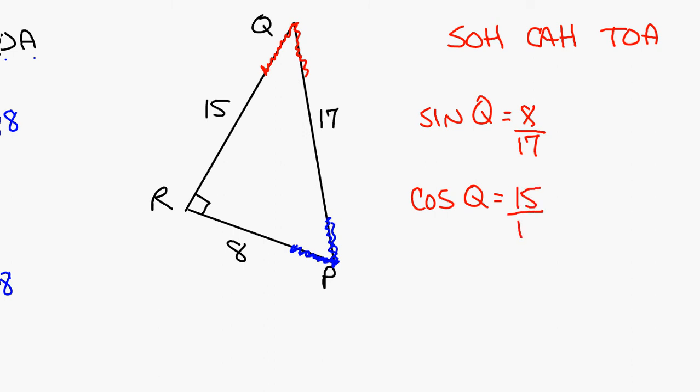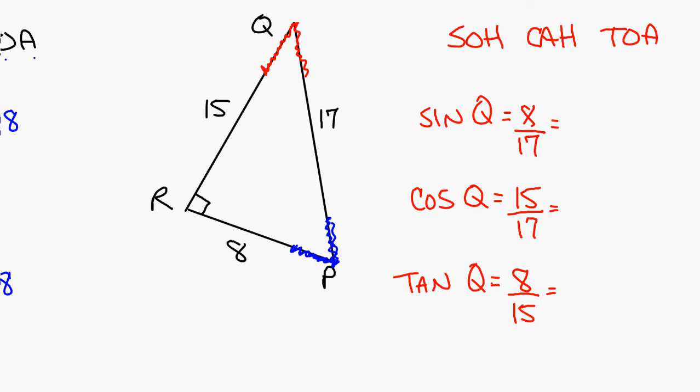And then tangent of angle Q is equal to the side opposite the angle over the side adjacent to the angle. So opposite of Q would be 8, and adjacent to the angle would be 15. All right, and you haven't divided these yet. You may have them all, where you don't have to put them in the calculator again.